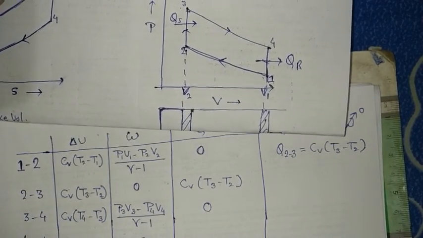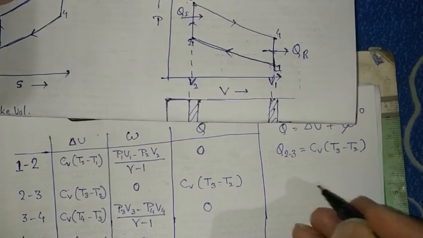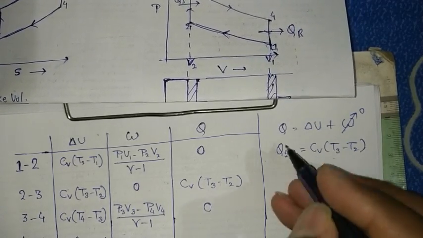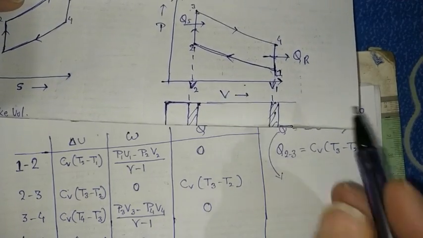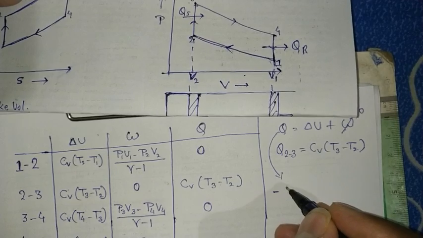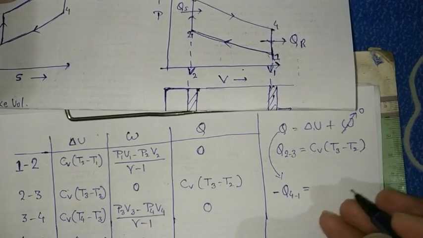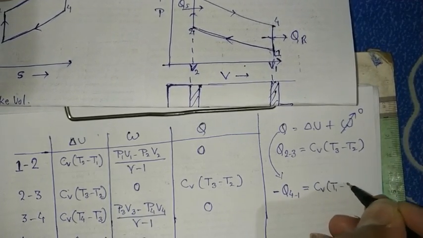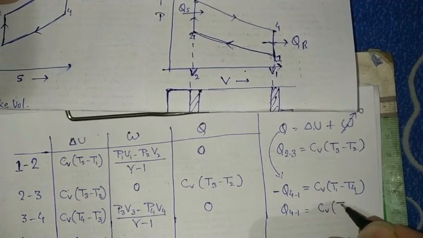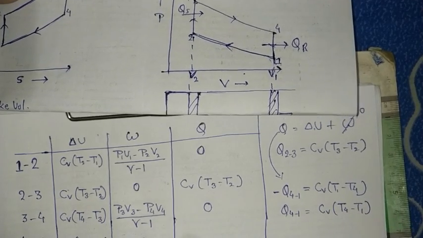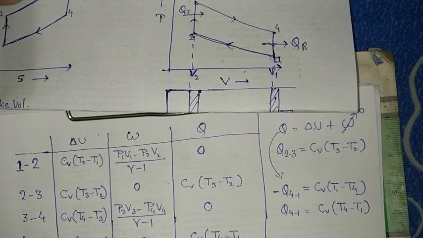Delta U will be Cv (T1 minus T4). So heat rejection we can find out from the first law. Work done is 0. In this process heat is being rejected, so the sign will be negative. Q 4 to 1 is equal to delta U, which is Cv (T1 minus T4). So Q 4 to 1 is equal to Cv (T4 minus T1).